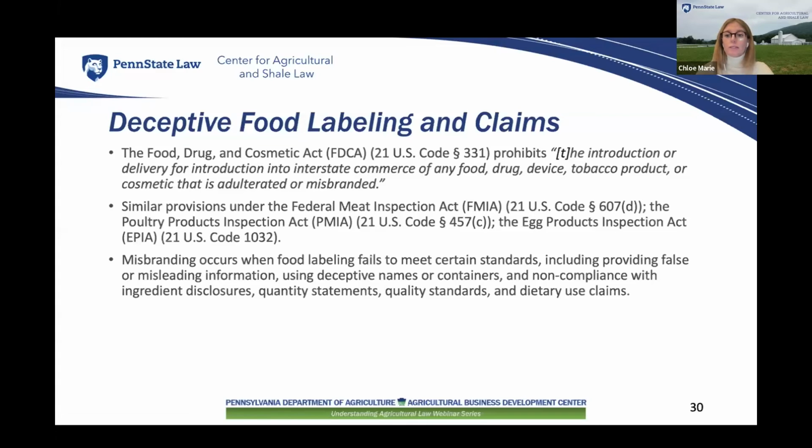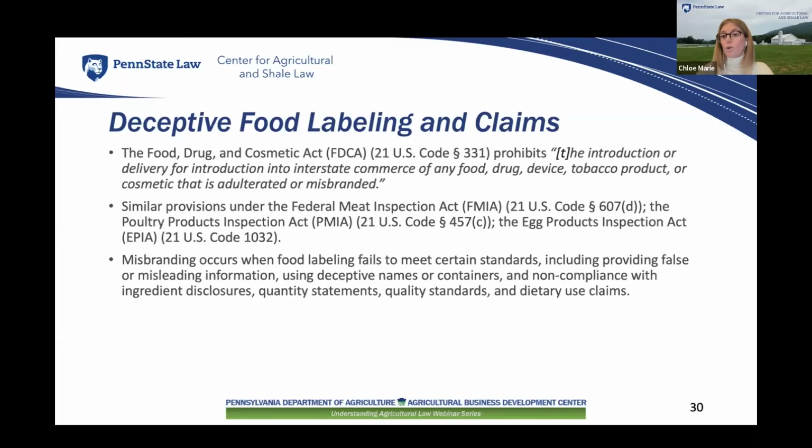Mislabeling refers to mistakes in the information on a label. So, for example, the product label does not list all ingredients. A food product is labeled as natural but contains added sugars and flavors, or the product label uses a font that is difficult to read. Misbranding, on the other hand, involves making false or misleading statements about the product, such as claiming it has benefits it does not actually have.